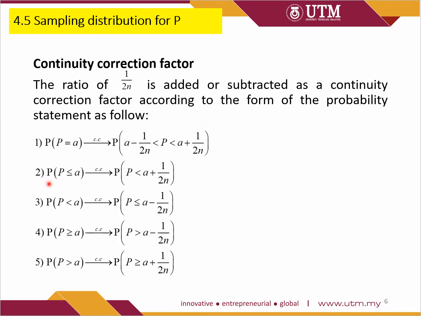For the second one, we want to find the probability of the proportion less than or equal to A. After the continuity correction, it will be the probability of P less than A plus 1 over 2n. So the difference is just this value 1 over 2n, and then you can go through the rest of the symbols.